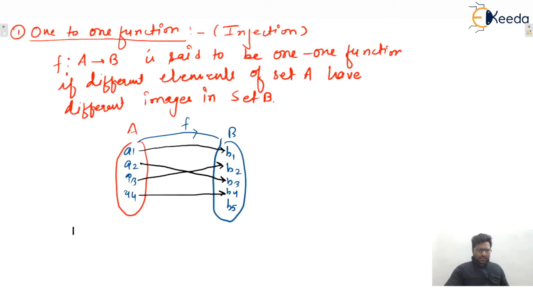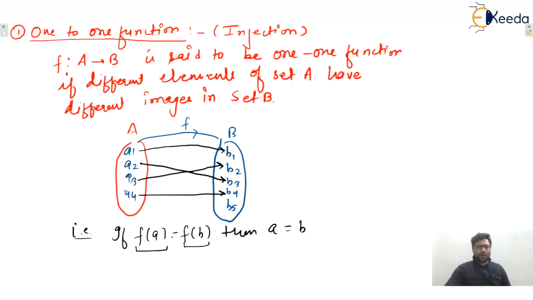So the definition says that if f of A is equal to f of B, then A equals B. f of A means the image of A, and image of B. If these are equal, then the elements A and B are both equal.